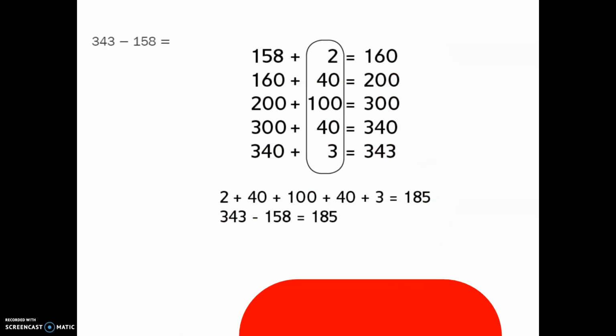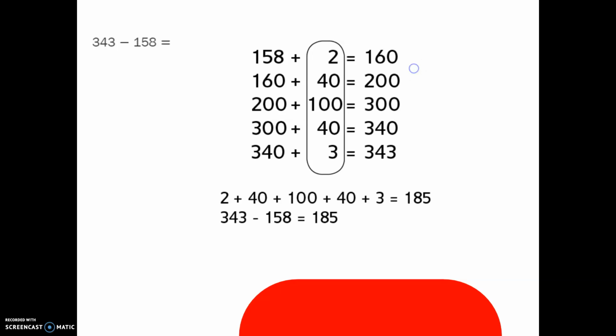Okay. So what they did is, here's another way to add it up to make sure that you've got the right answer. These are the hops that this person took. They hopped 2, they hopped 40, they hopped 100, they hopped 40, they hopped 3. Kind of like what we did, but we hopped to 43 where they just hopped 100. So they started at 158, added the 2, got 160.